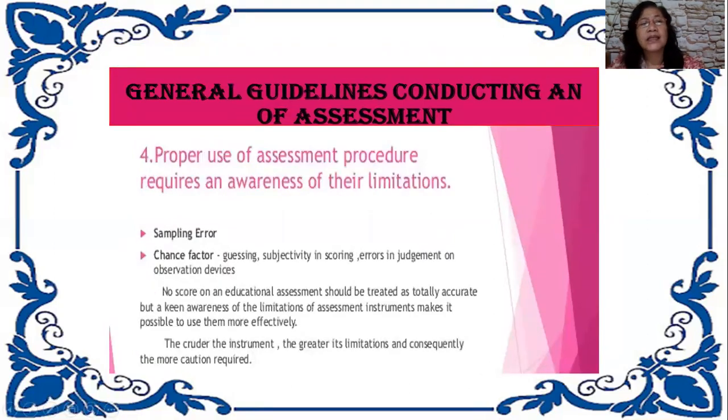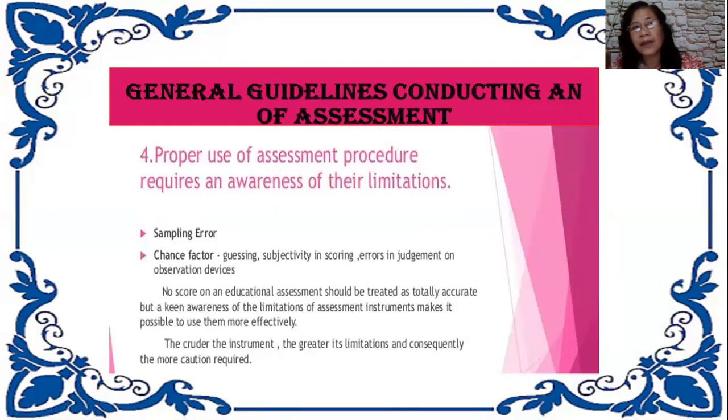Then the fourth is proper use of assessment procedure requires an awareness of their limitations. I also mentioned earlier about limitations. There are limitations: sampling error, chance factor, guessing. In multiple choice examination, there is guessing. Subjectivity in scoring, errors in judgment, and observation devices.